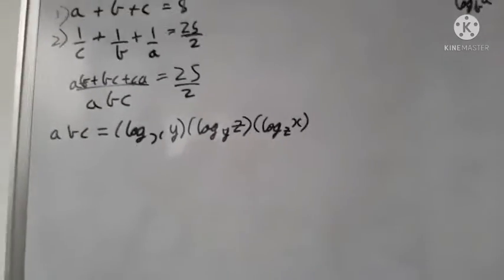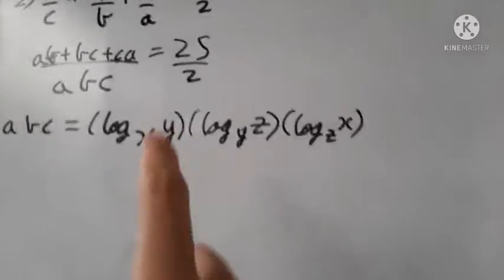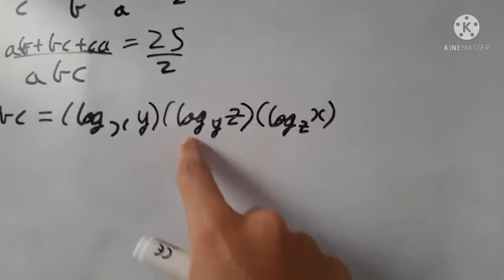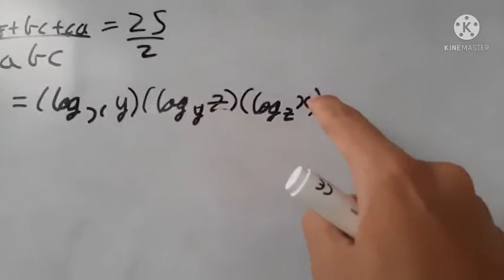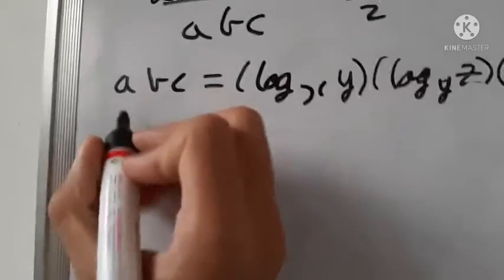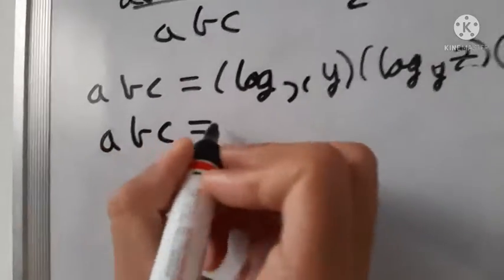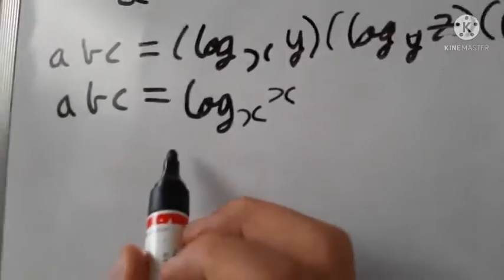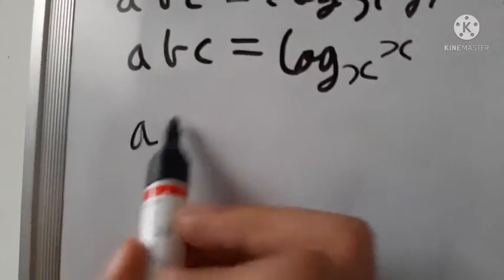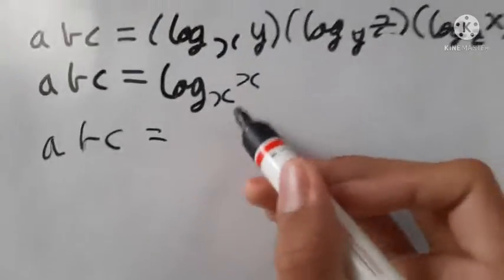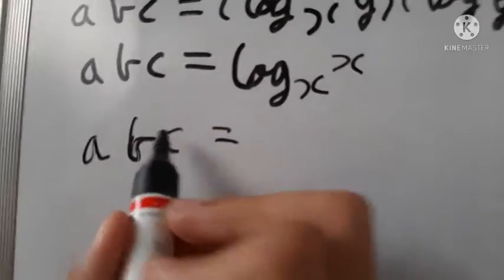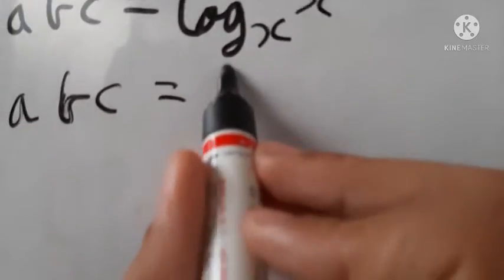So we can use the chain rule for logarithms. That is, don't go to calculus yet. So y, z, z, and the last value is x. So we can say abc is equal to log base x of x. Therefore abc, because the base and the input are equal, we know that this log is 1.